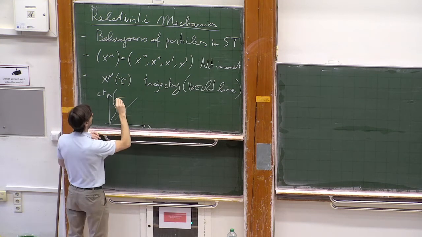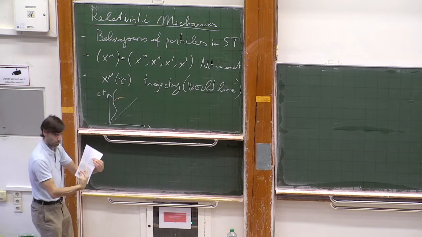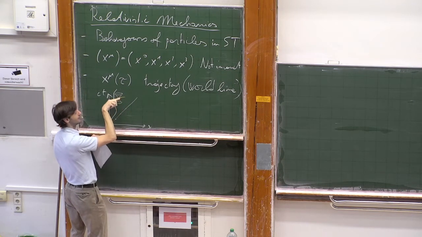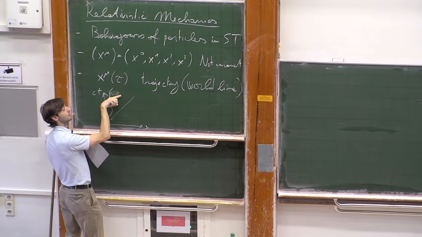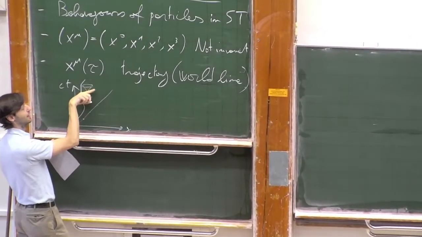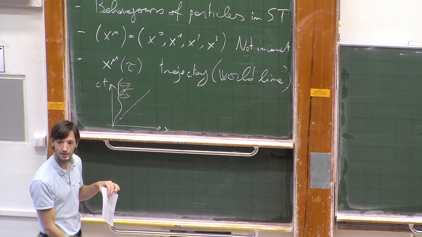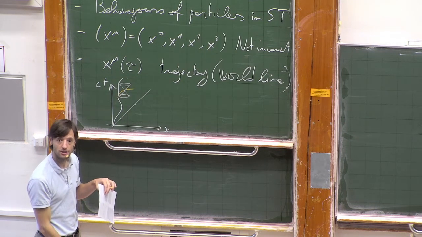Because in this location, the particle would be sitting in its own light cone, something like that. And if the inclination of the trajectory is smaller in its ct diagram with respect to the diagonal, it would mean that this particle is faster than light. And it cannot be.